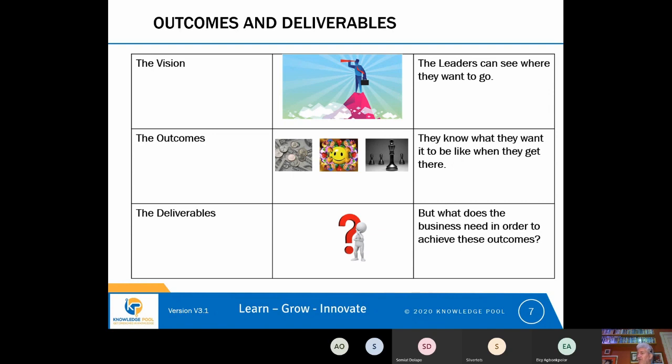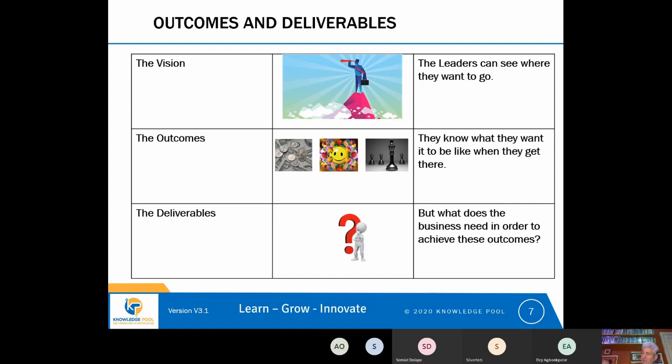But only if the system is used properly and if there is some management attention to using the system will we actually get the outcomes we need. So at the end of the project it will have delivered what it needs to, but it's then up to the business to take those deliverables and use them to achieve the outcomes.